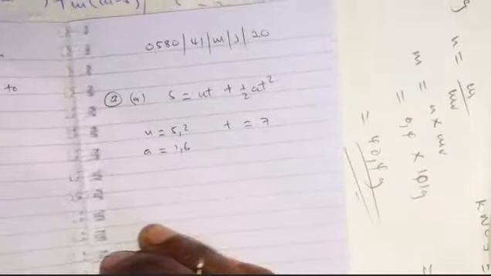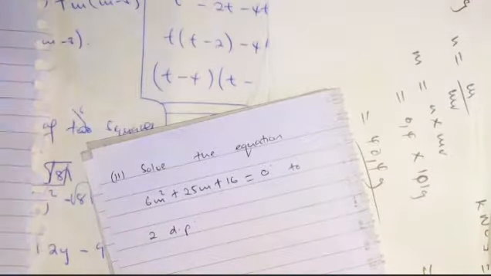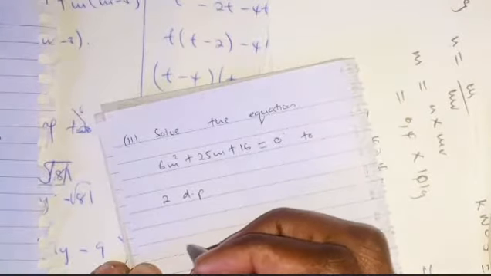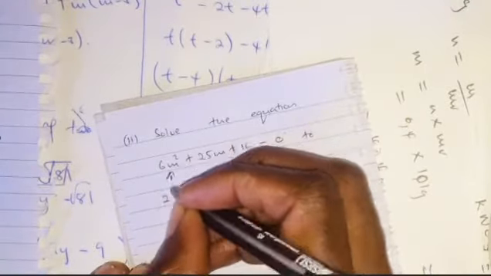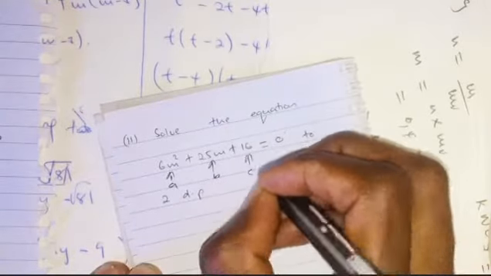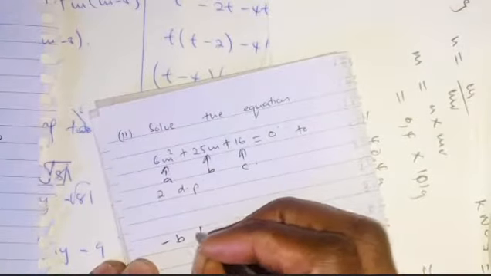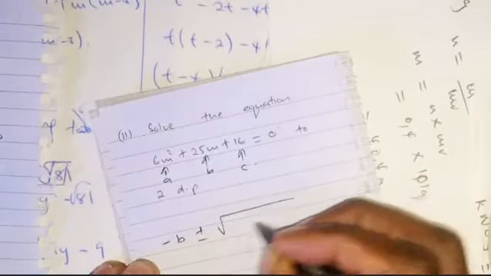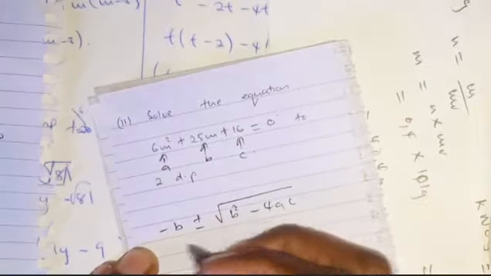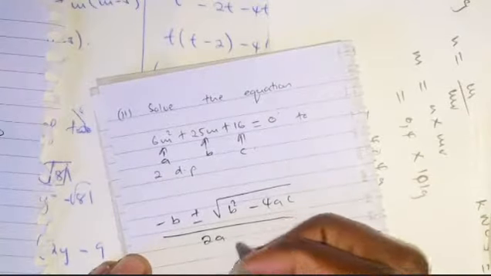Okay, then we move on to the next one. It says solve this equation. So this equation is solved by the quadratic formula, where you say this one is a and this one is b and this one is c. So you are saying x equals minus b plus or minus the square root of b squared minus 4ac, all over 2a.